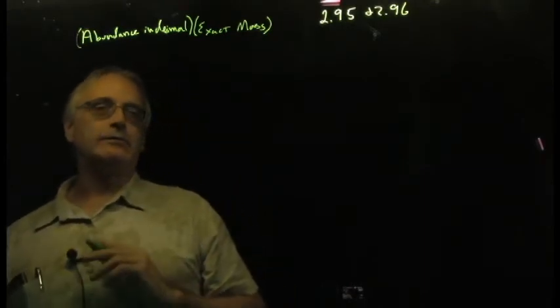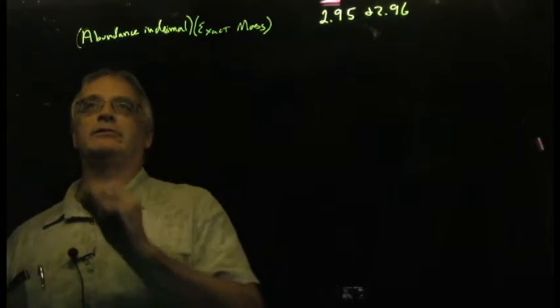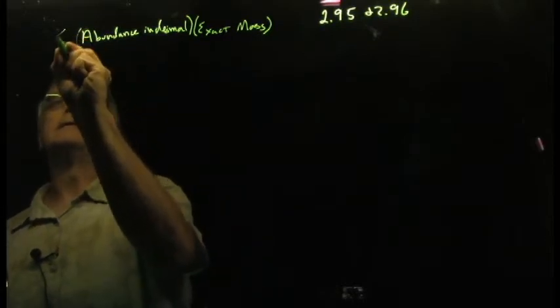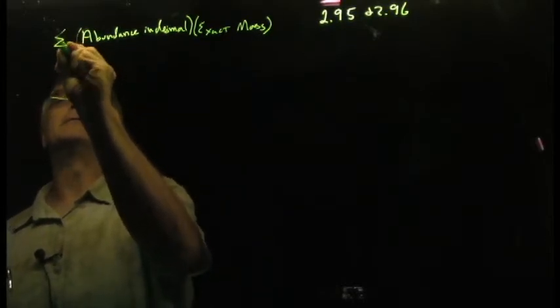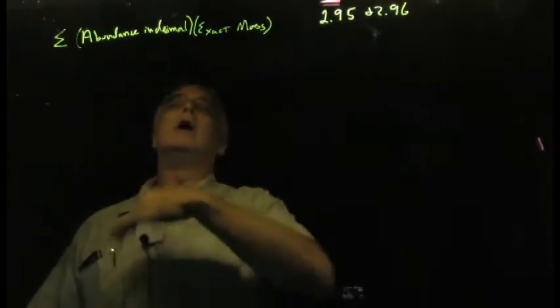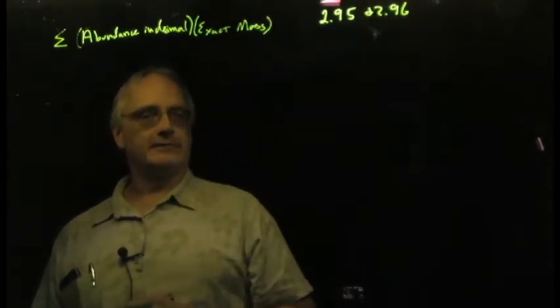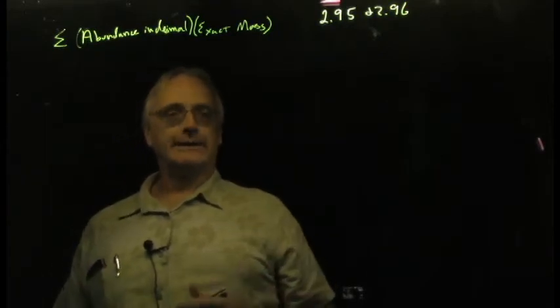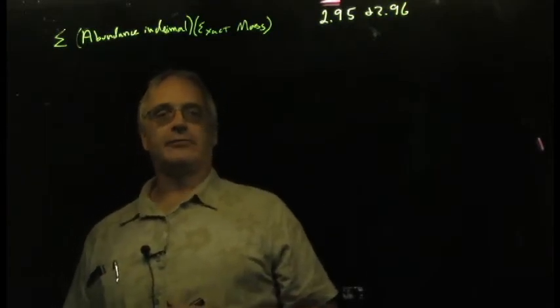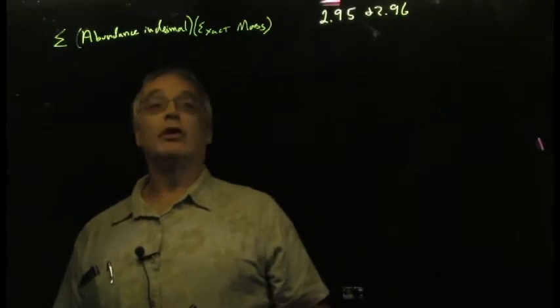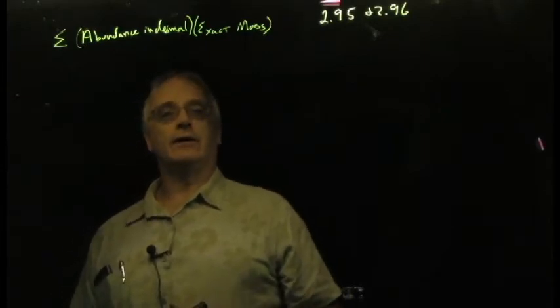And I don't get to use these symbols very often, and it's so much fun to draw. There it is. Oh, what fun it is to write that. Sum for all the isotopes, it's simply their abundance in decimal form times their exact mass. So, looking at the data in problem 95 for a moment, they give us information about 4 isotopes of lead.